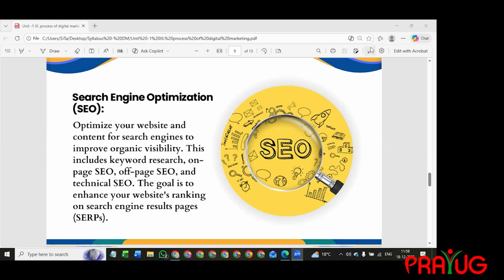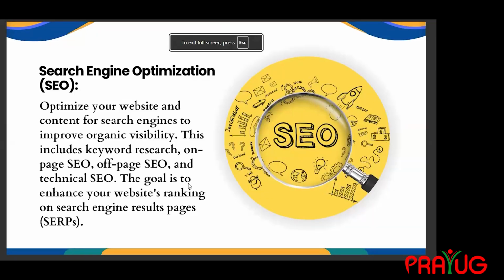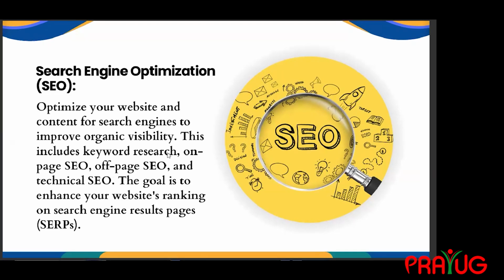So off-page SEO is basically activities outside your website, not in your website. On-page SEO also includes internal linking and everything, which we'll learn in detail in another class, right? Off-page SEO is basically working outside your website.